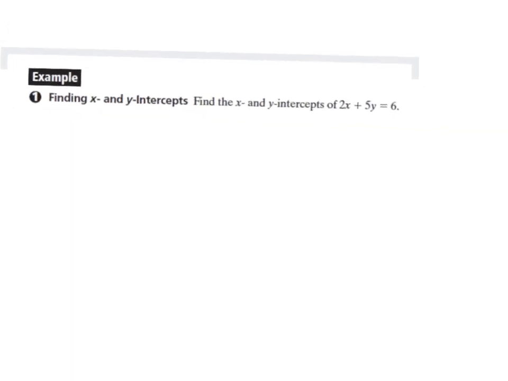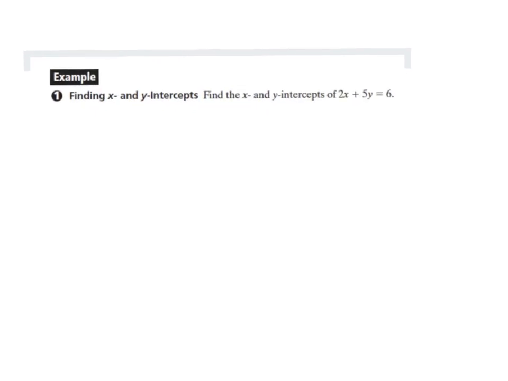So first off, let's find our intercepts. Here we have an equation in standard form. Notice how our a is 2, our b is 5, and our c is 6. In order to find the y-intercept, remember x is 0.